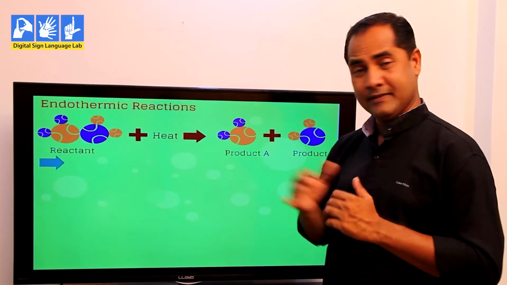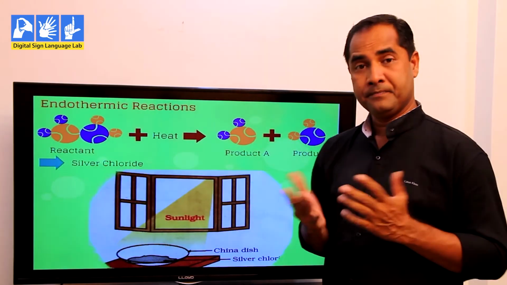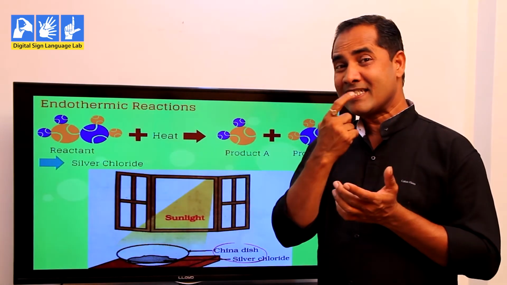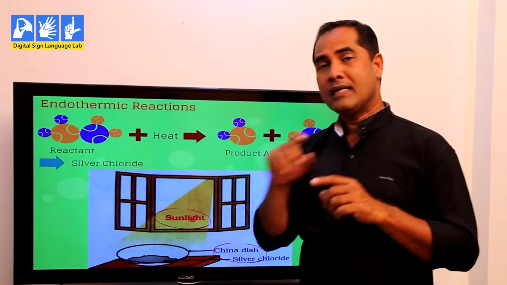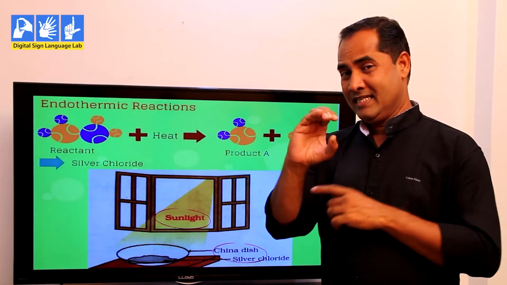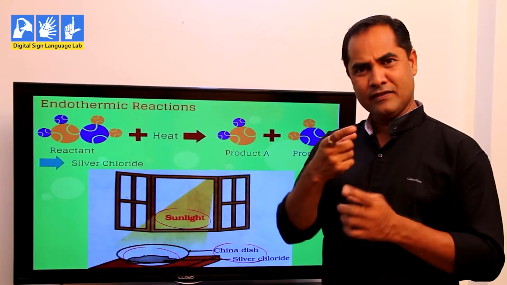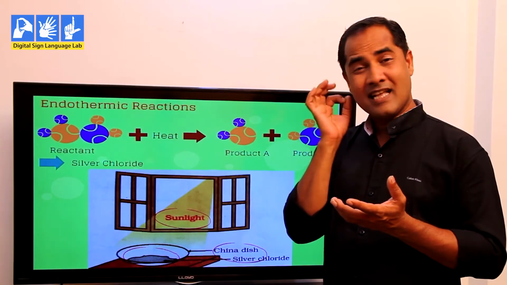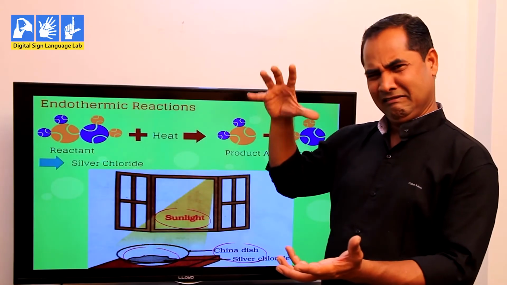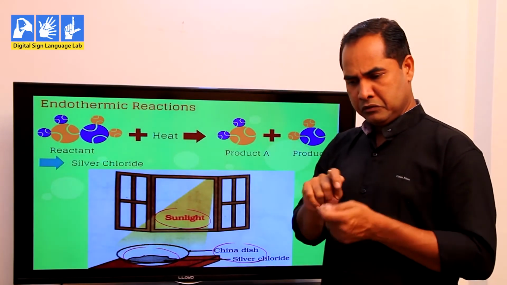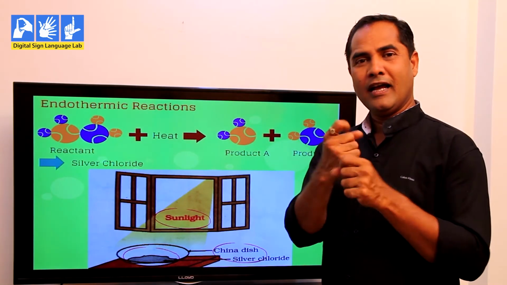I'll give you one example. Silver chloride. So we take the china dish and we put some silver chloride on it and we put it out in the sun for some time. We'll observe a chemical reaction.